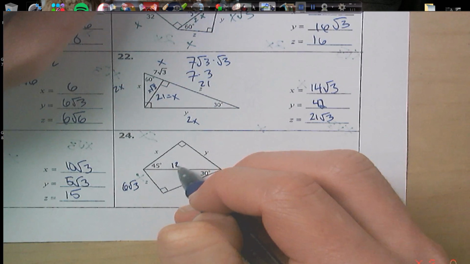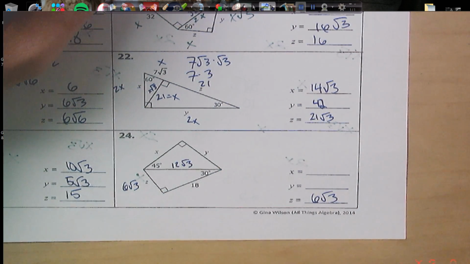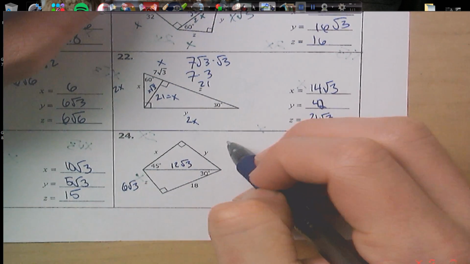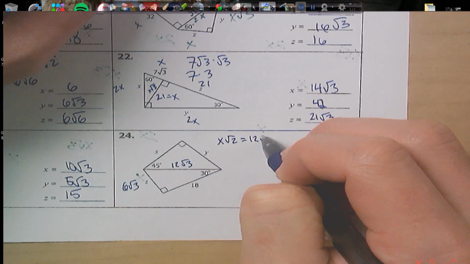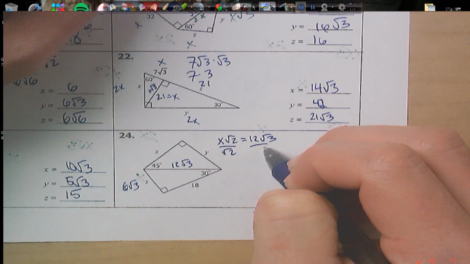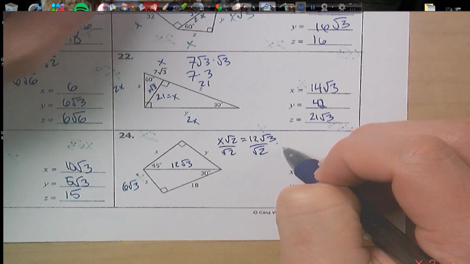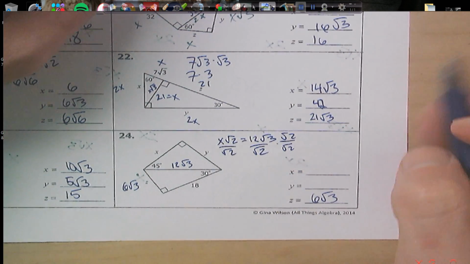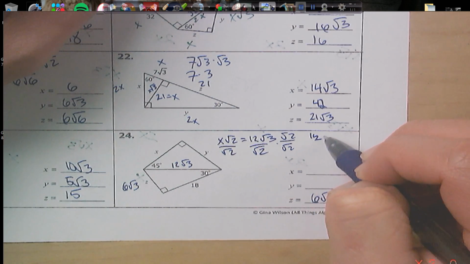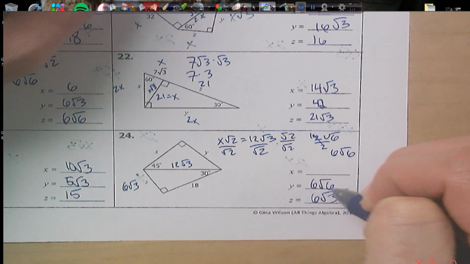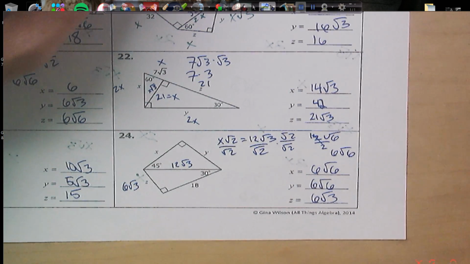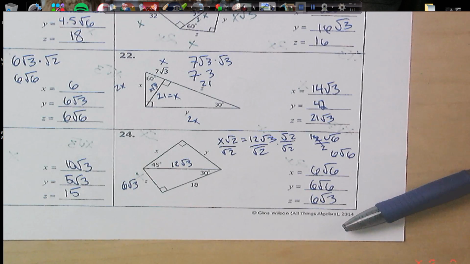We're going to double that and get 12 rad 3. We're going to divide by rad 2, rationalize. We get 12 rad 6 over 2, which becomes 6 rad 6 for both of those. Not easy problems. We're going to get more practice with this tomorrow.